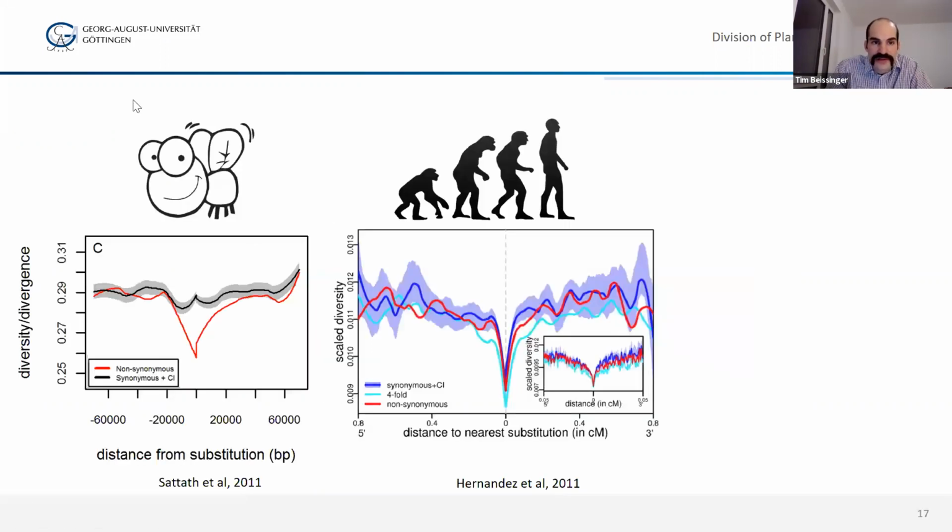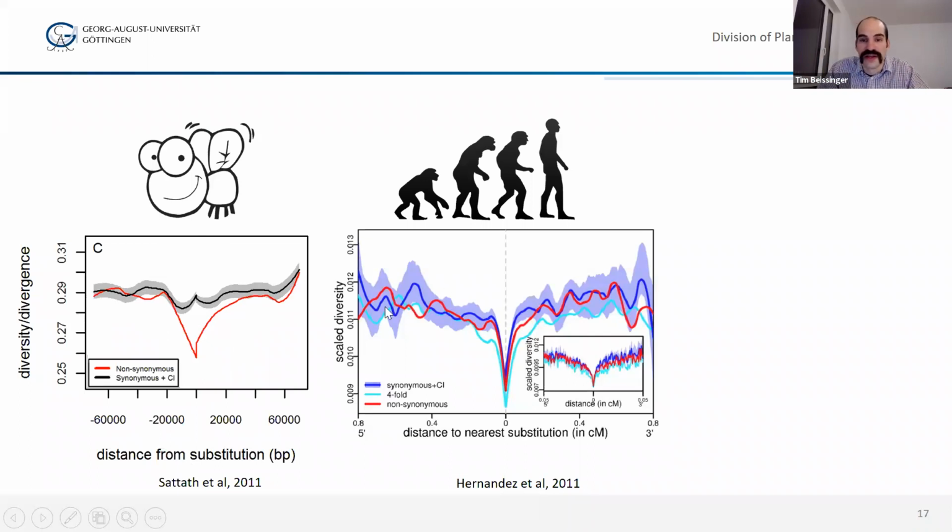Before I give you the answer, let's look at a few implementations of this in other species. In Drosophila, the first species I know of where they did this type of analysis, they saw a major reduction of diversity surrounding non-synonymous substitutions relative to synonymous substitutions. So this said, yes, hard selective sweeps, or classical strong selection on beneficial mutations, were a driving force in Drosophila evolution.